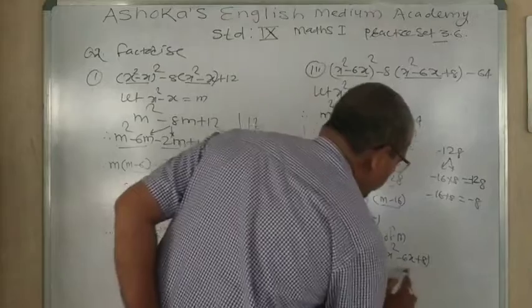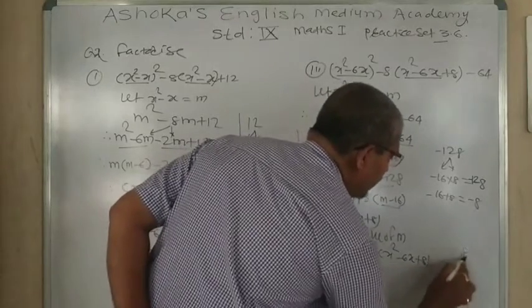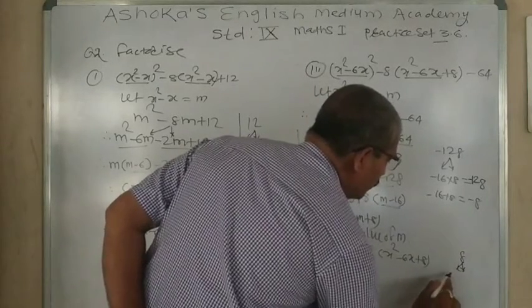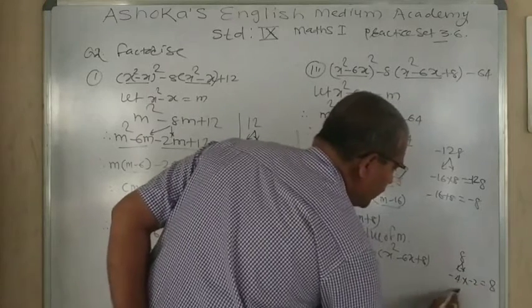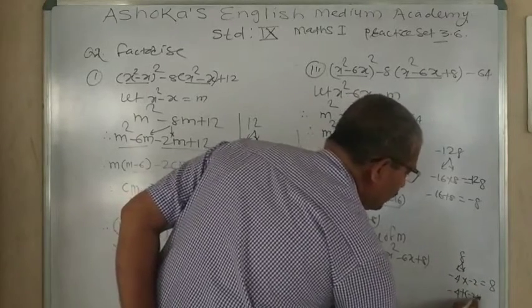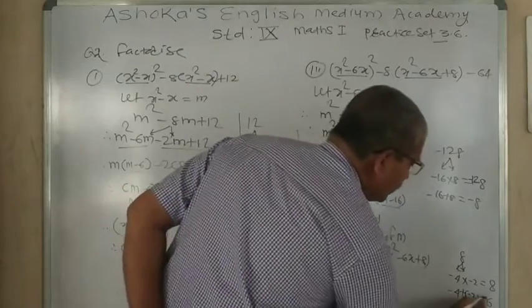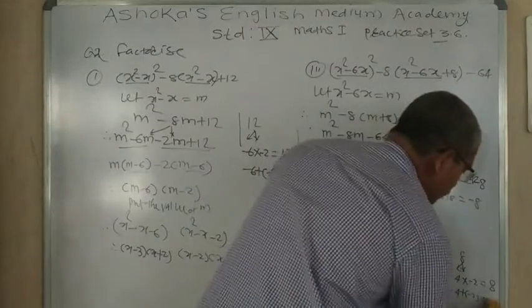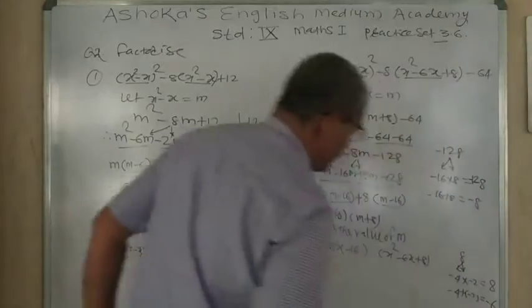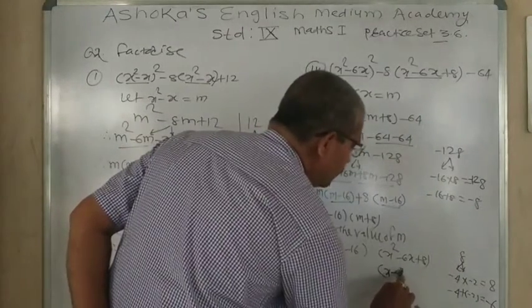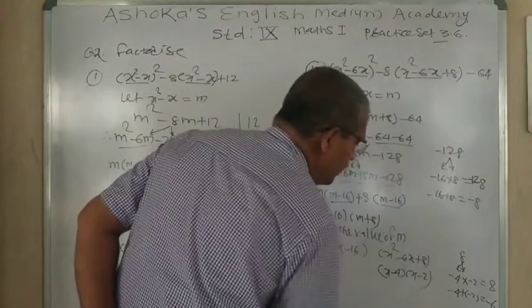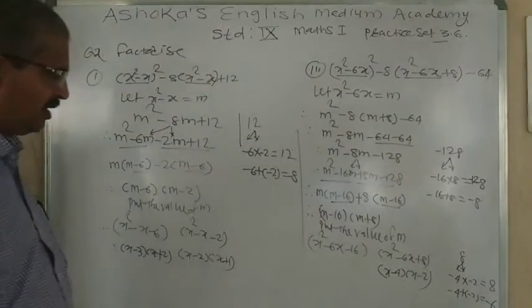Now we should split this. 8 is split how? Minus 4 into minus 2 means positive 8. The sum of these two numbers is equal to the middle term minus 6x. Yes? And therefore, in the first bracket x minus 4 and x minus 2 in the second bracket, that is the answer.